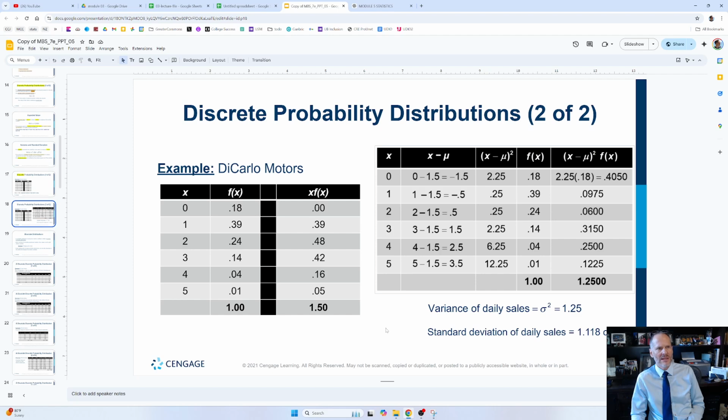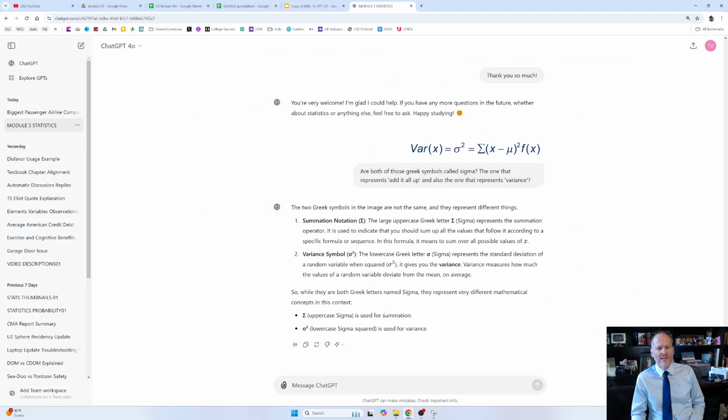And then what we're going to see is that with the number of standard deviations away from the mean, we could start to say this is going to happen 98% of the time, that we'll have things within 3 standard deviations, and then 2 standard deviations will happen a certain percentage of the time, and 1 standard deviation will happen a certain percentage of the time.